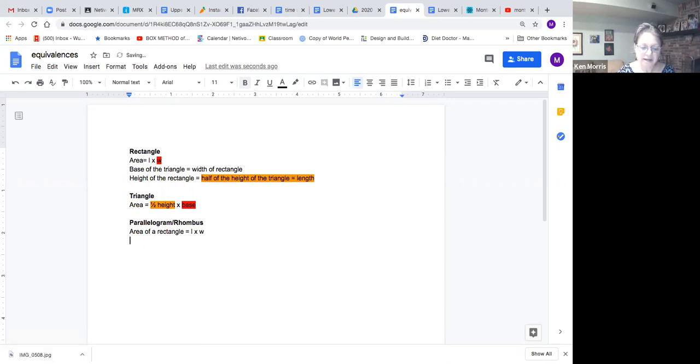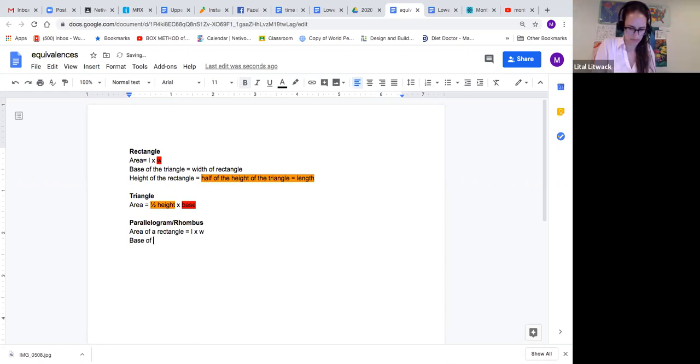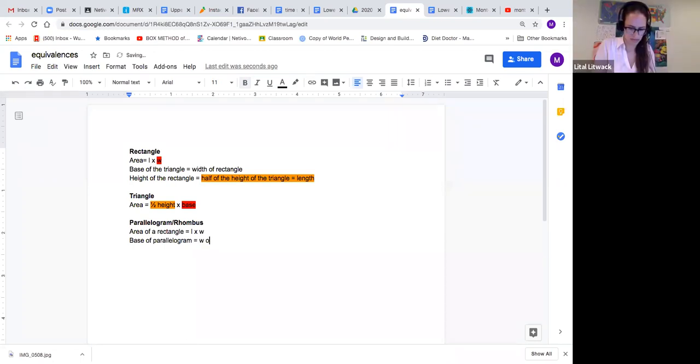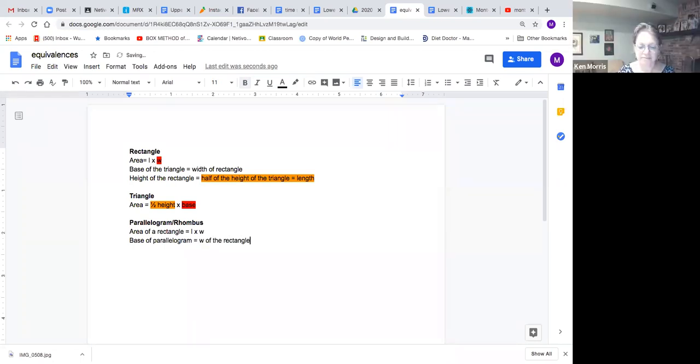Now we know that the base of the parallelogram is equal to the width of the rectangle, right?